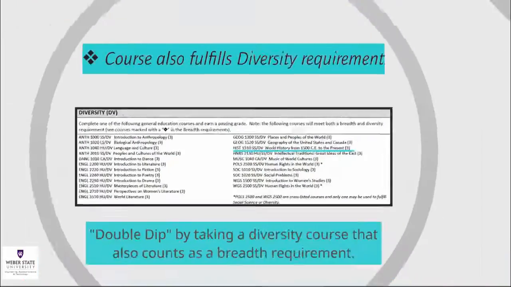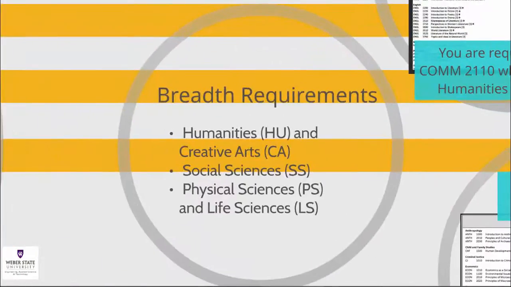The second set of requirements in general education is called the breadth requirements. The breadth includes humanities and creative arts, and your social, physical, and life sciences. These courses must be passed with a D- or higher, unless a higher grade is required due to major course requirements.